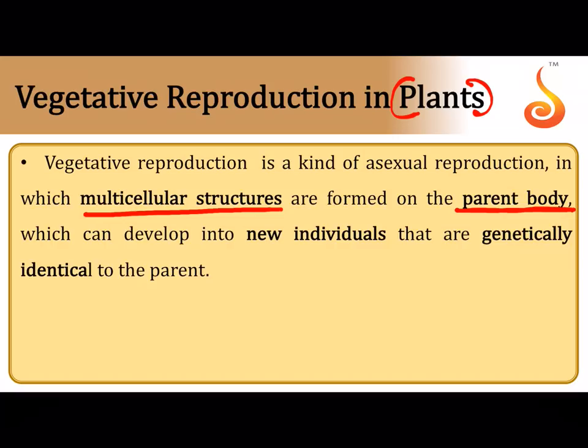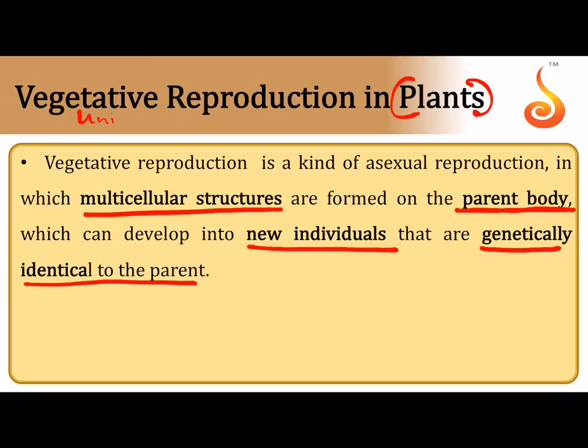Production of multicellular structures. And then these multicellular structures can develop into new individuals. Suppose they get separated from the parent body, they can give rise to new individuals. And all of them are genetically identical to the parent.